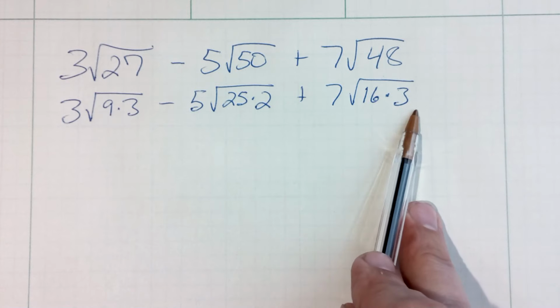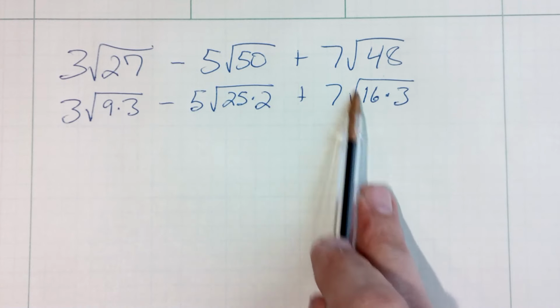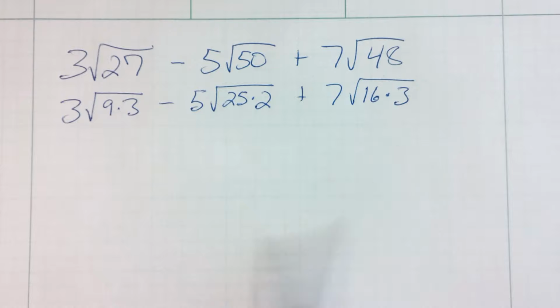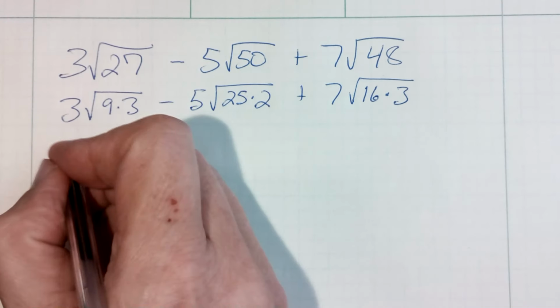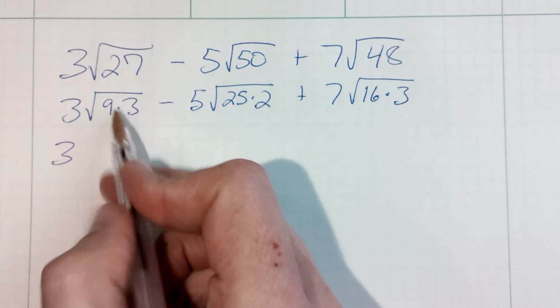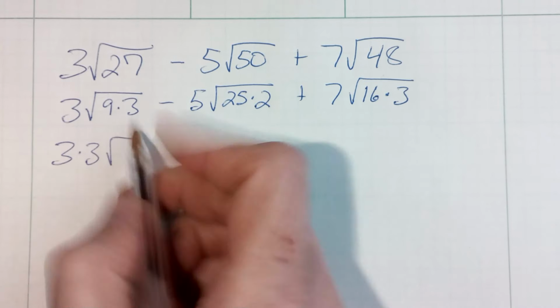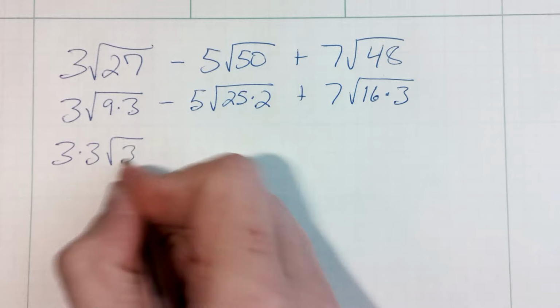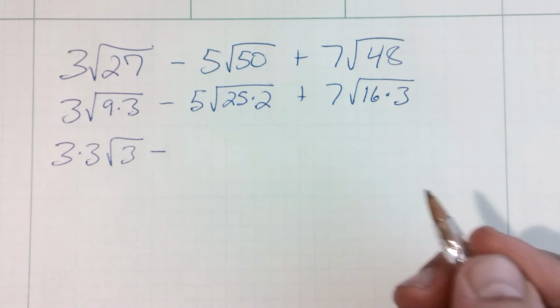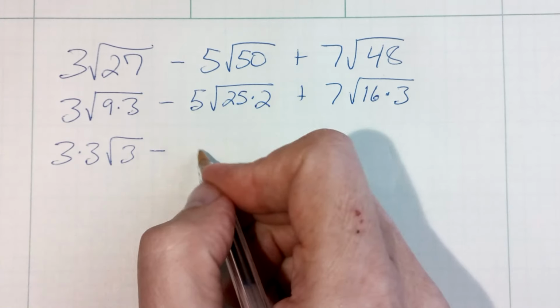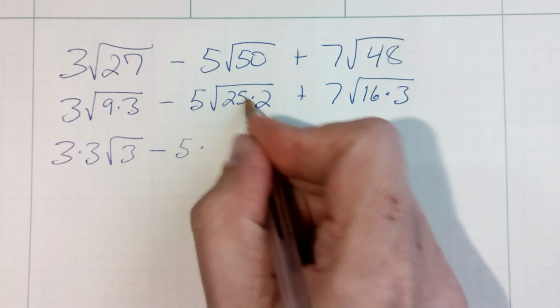And then you get a 4 squared, where the square root and the square cancel from a previous lesson. But here, I'm going to get 3. And again, I just know I'm going to take the square root of 9, which leaves me a 3 outside. I can't square root that 3 because it's by itself, or it doesn't have a pair that's being multiplied with it. 5 times square root of 25 is 5.